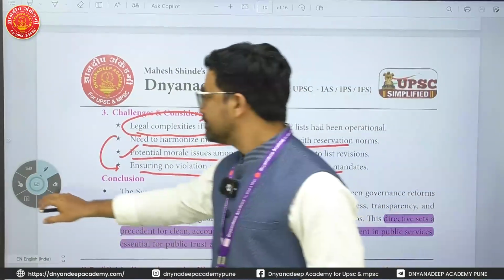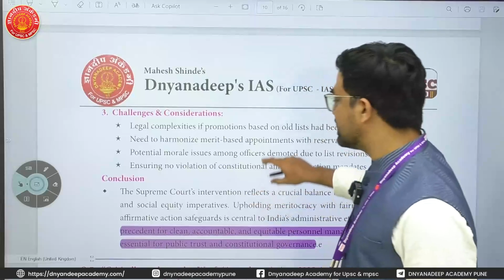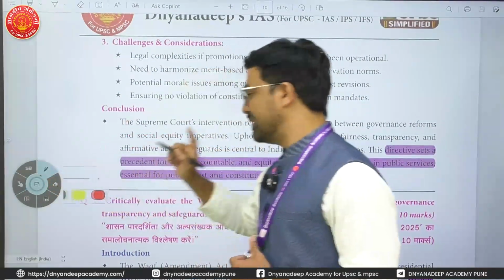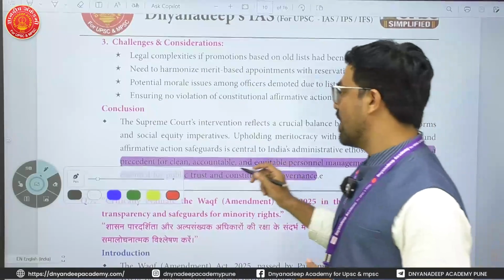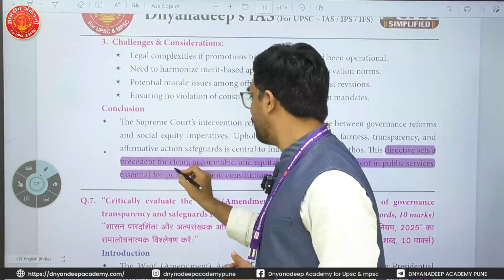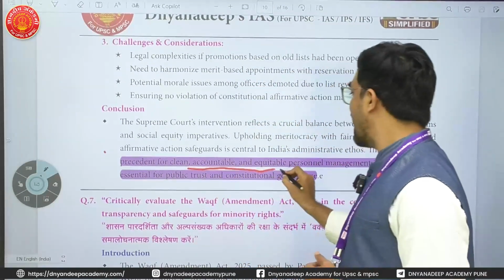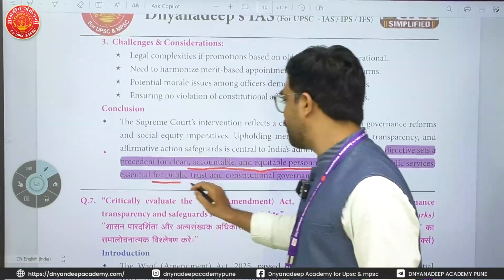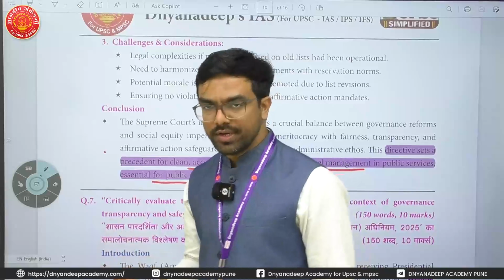Okay, so in the conclusion we can say that this Supreme Court directive sets a good precedent for clean, accountable and equitable personnel management in public services, essential for public trust and constitutional governance, right?